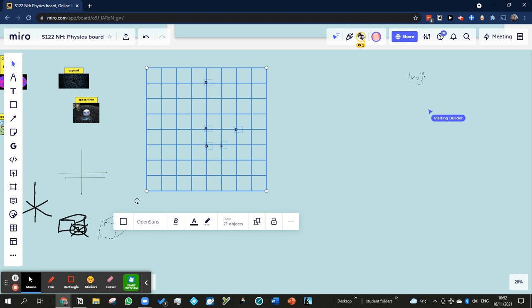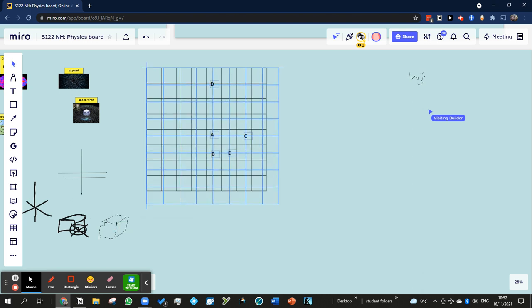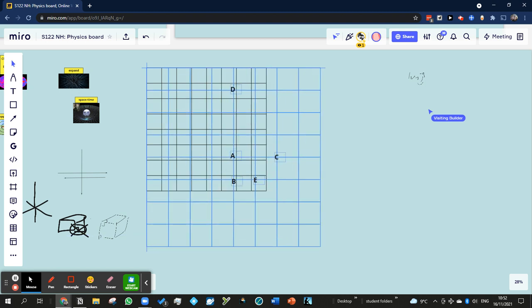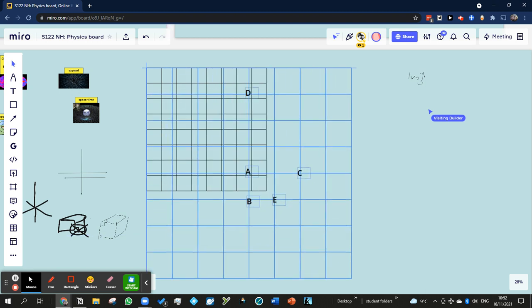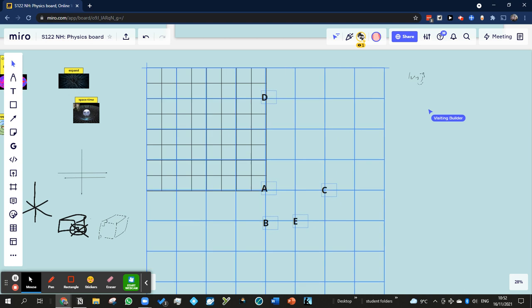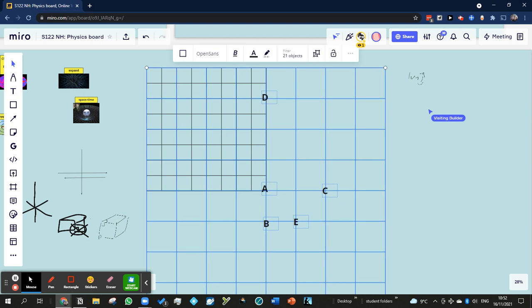So we're going to just double the dimensions. How would I know if I double the dimensions? If I increase this, eventually we're going to get to a point where each square is going to have 4 squares in it, because each dimension will have 4 of these in it.